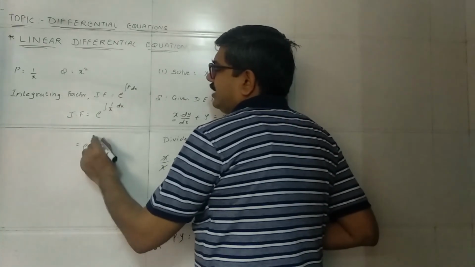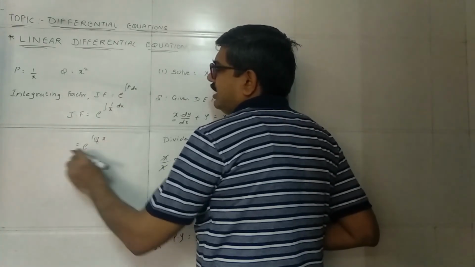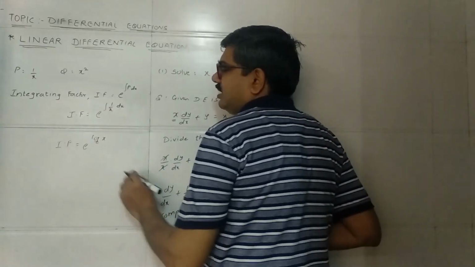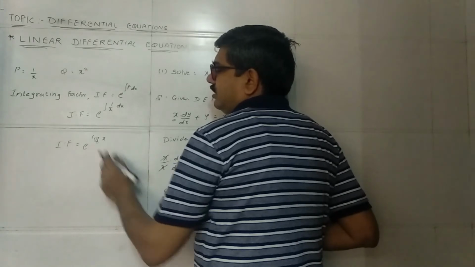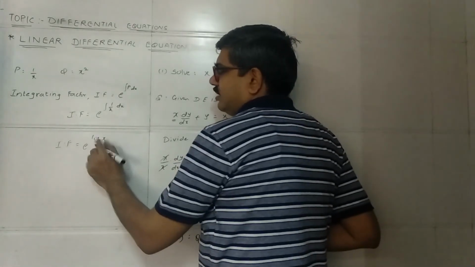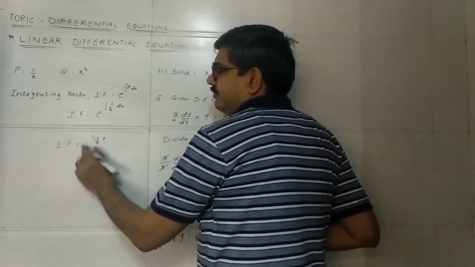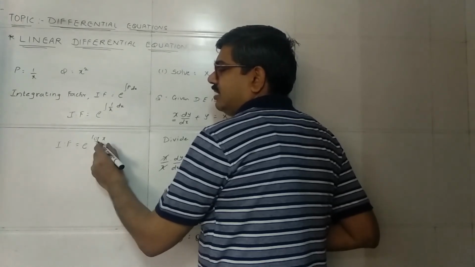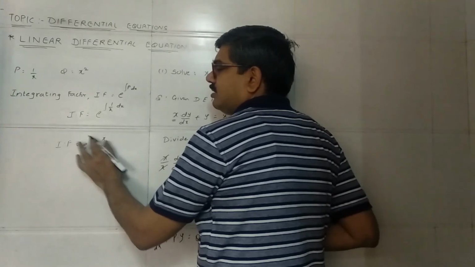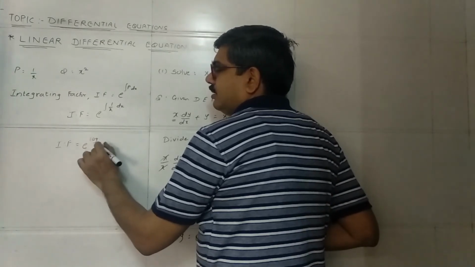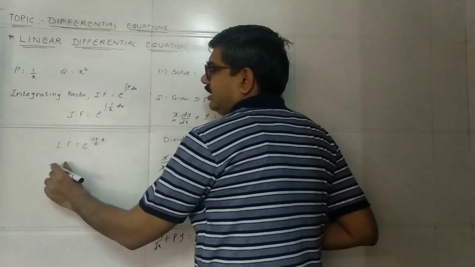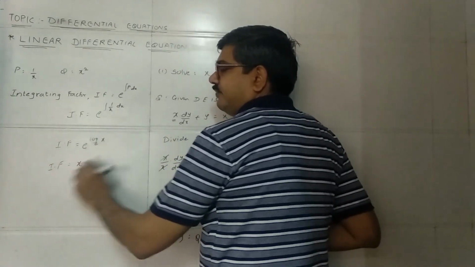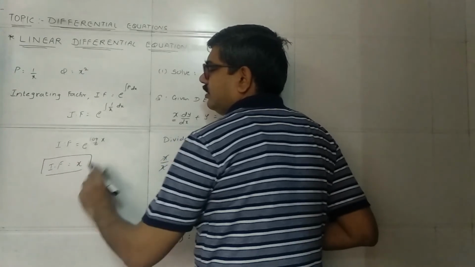The integral of 1 upon x is log base e of x. Now in the logarithm, if the base of the log and the base here are the same, see here the base is e and here also the base of the log is e. So what you will get? You will get the integrating factor value equal to x. Whatever term is there, that will be the value.